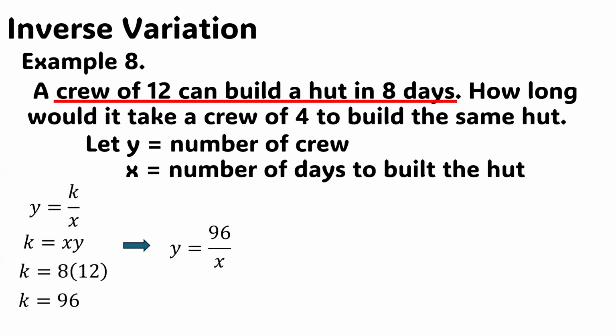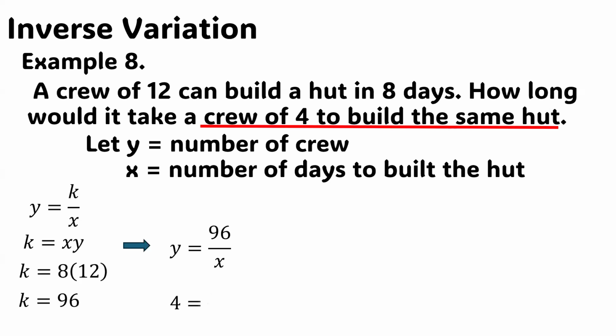Now, ito, how long would it take a crew of 4 to build the same hut? So this is actually a critical thing because ang given lang dito is y. So yung y ang ating given. 4 is equal to 96 over x. So if you see this kind of problem, ang gagawin nyo lang is to interchange yung 4 tsaka yung x.